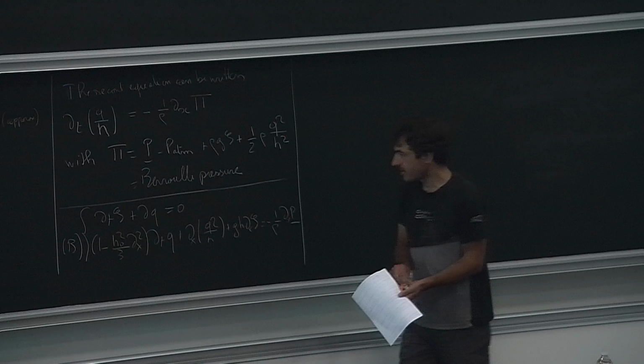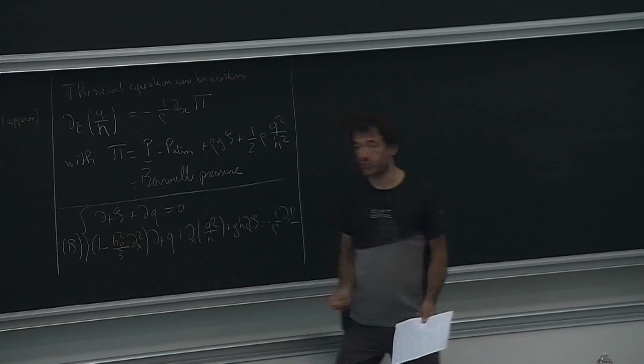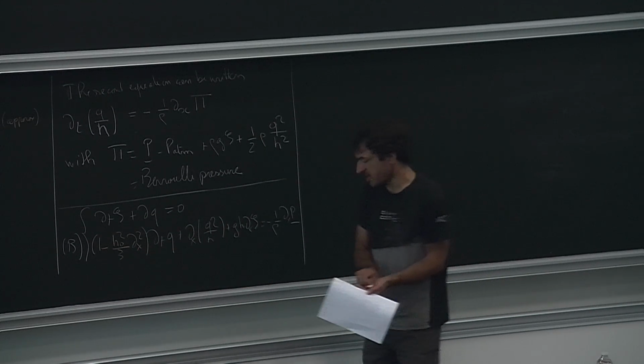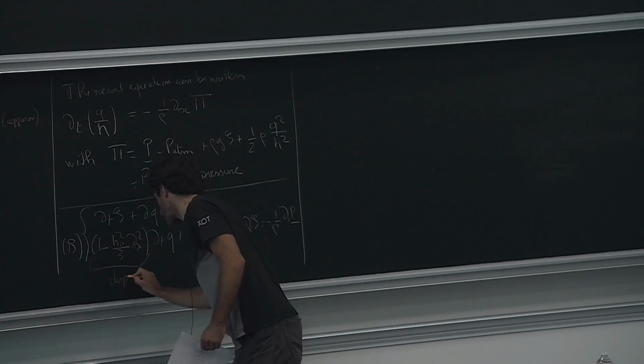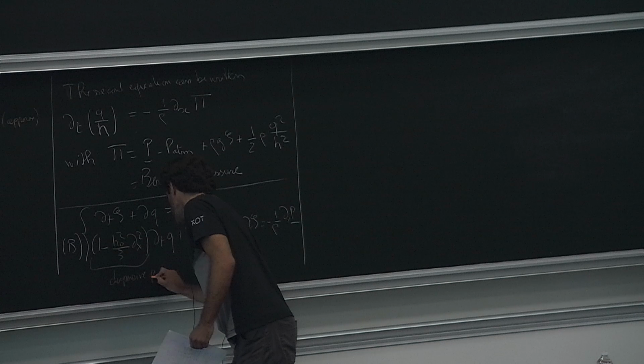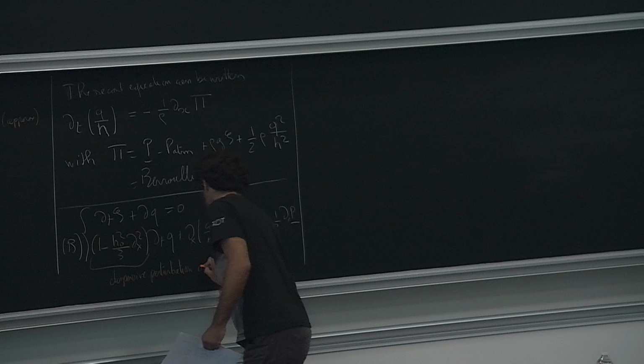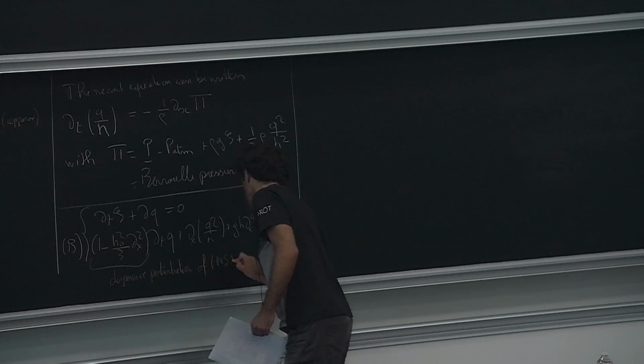Okay, so this term is of dispersive nature. We can show it by looking at the dispersion relation. So this is a dispersive perturbation of the nonlinear shallow water equation.